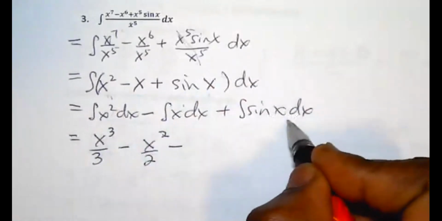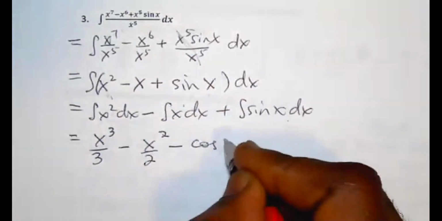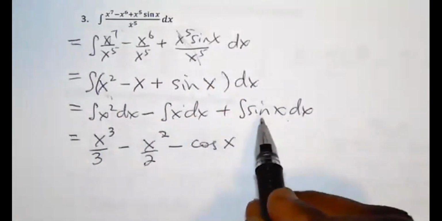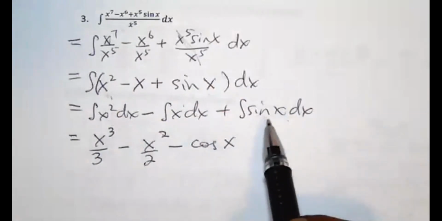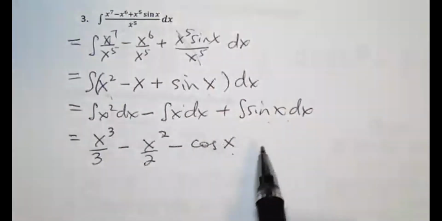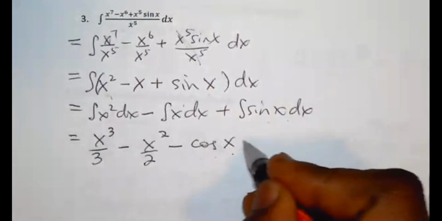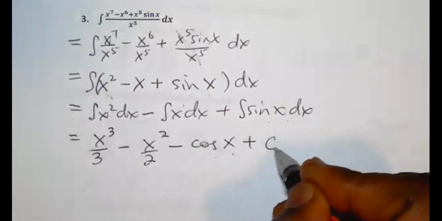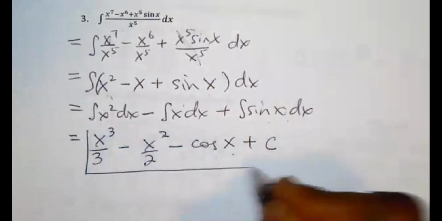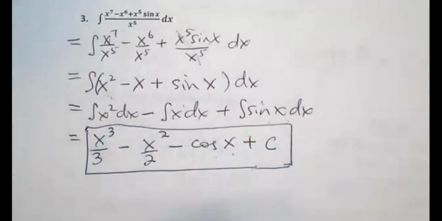Integral of sine x is negative cosine of x. So remember that integral of sine x is negative cosine, not cosine. It's negative. And then plus a constant c. Right, so this is simplified. So we just stop here. That's our final answer.